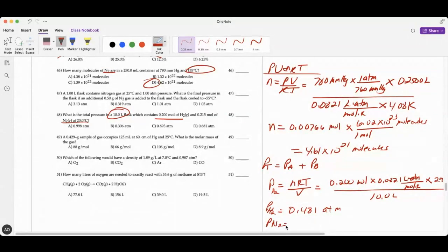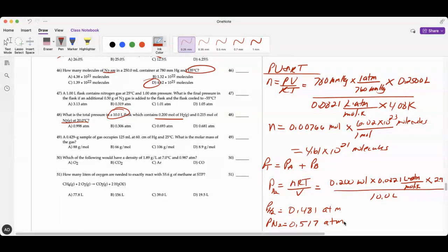So the nitrogen, why do I keep reading the wrong problem? 0.215 times 0.0821 times 293 divided by 10. So that'd be 0.517 atmospheres.